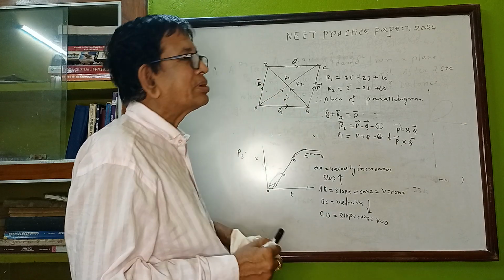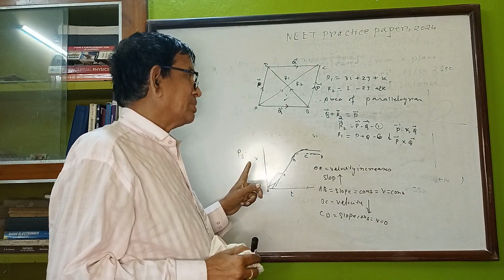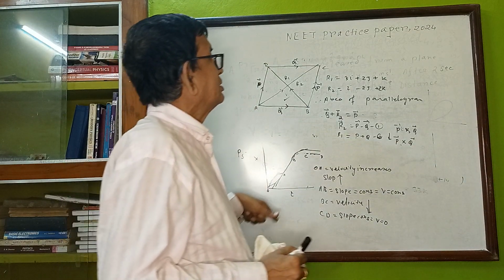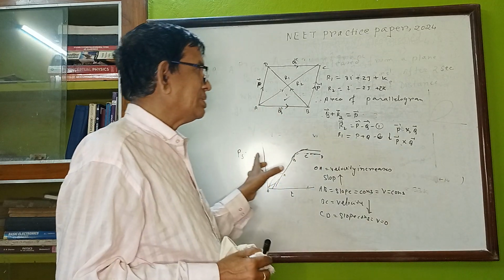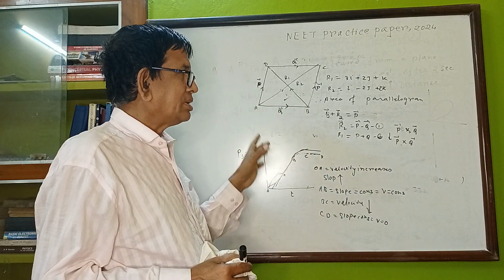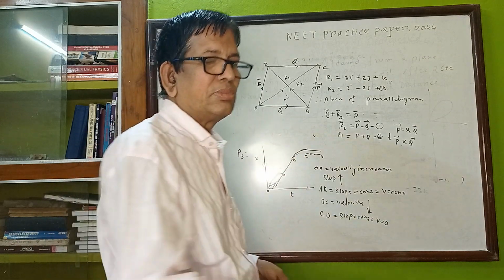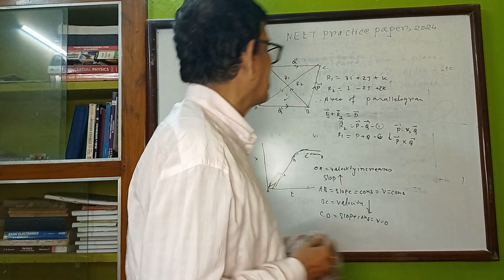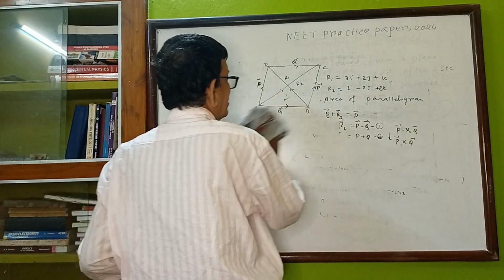Then you find the sides of the parallelogram by taking the triangle law. Once you get the sides, children, you take the cross product and you will get the area of the parallelogram. Thank you. Next problem I am giving you.